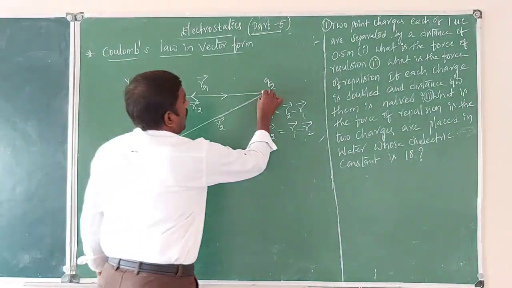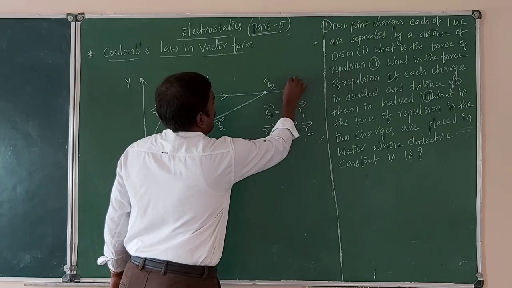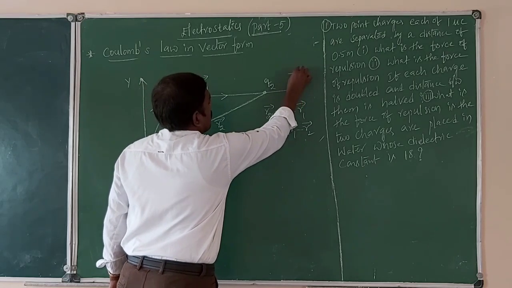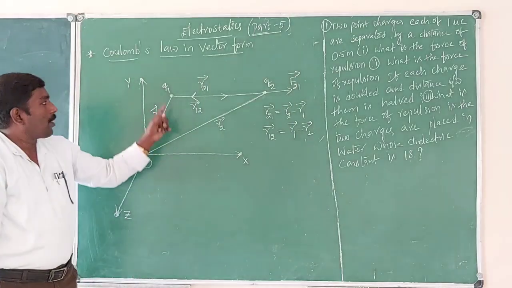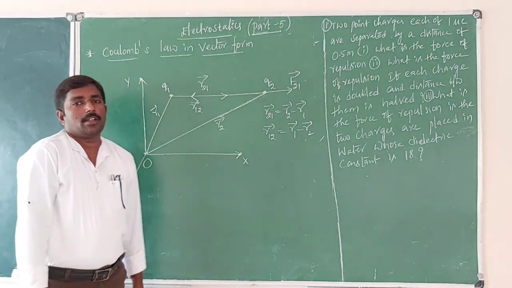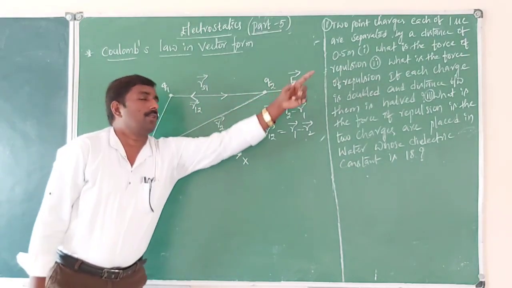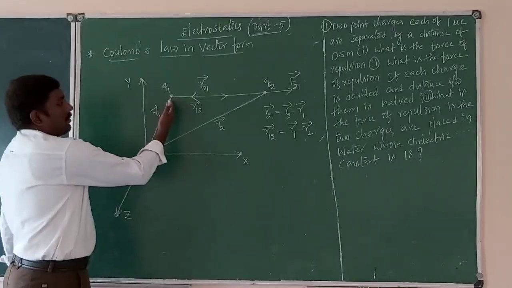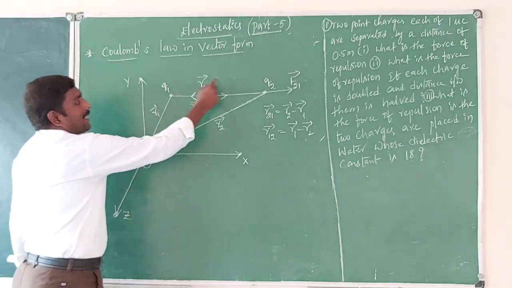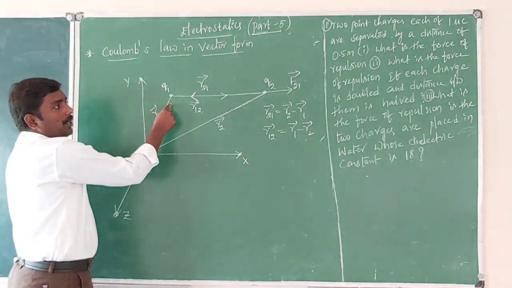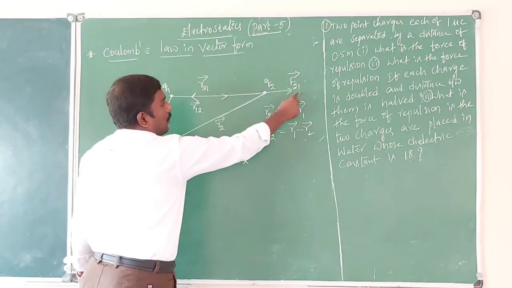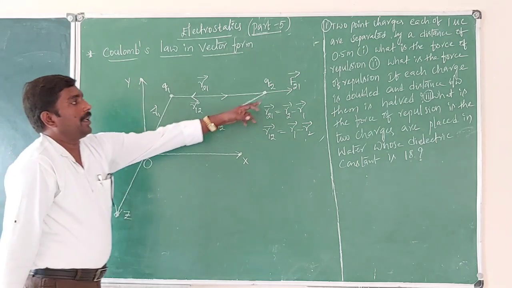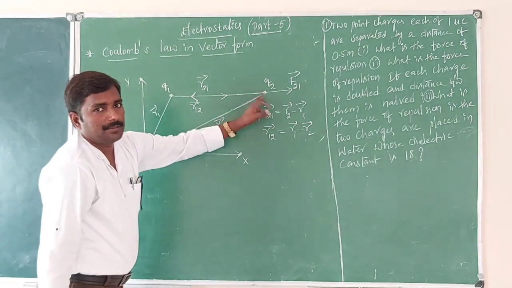The force F21 acting on Q2 due to Q1 is directed from Q1 to Q2, like this, because of repulsion. The direction of force is as shown in the figure.